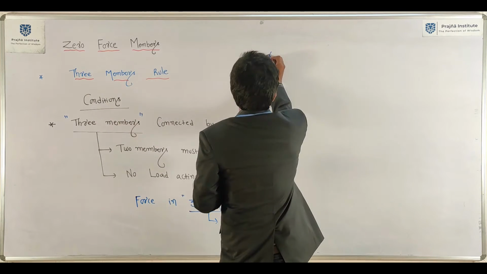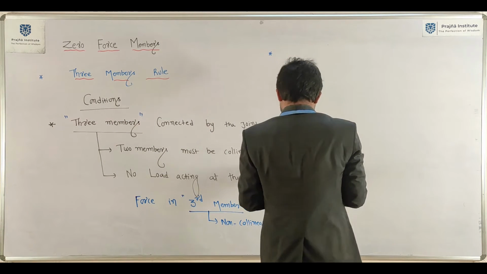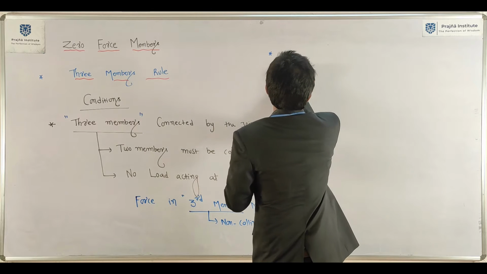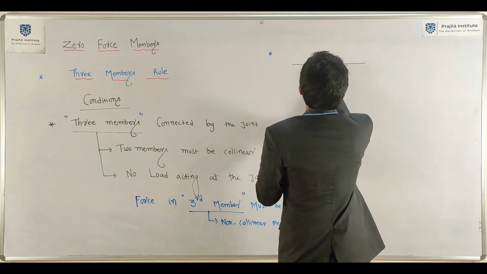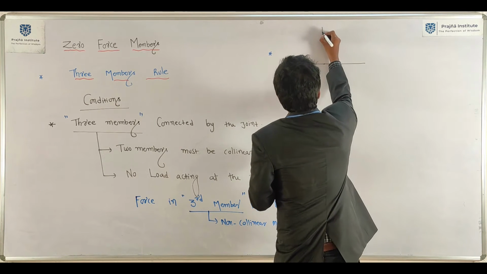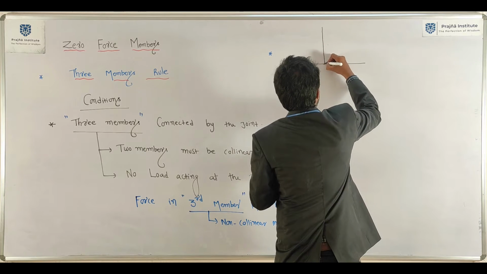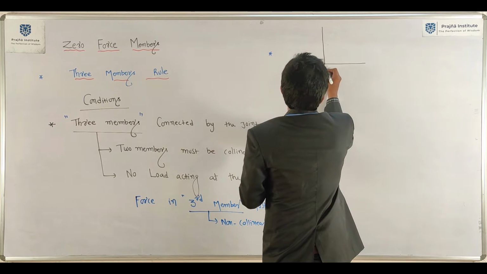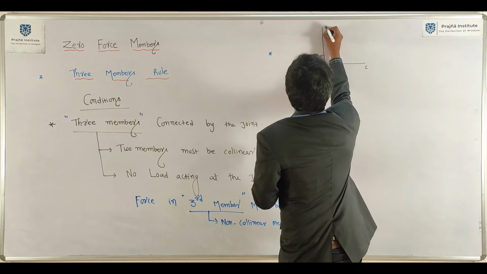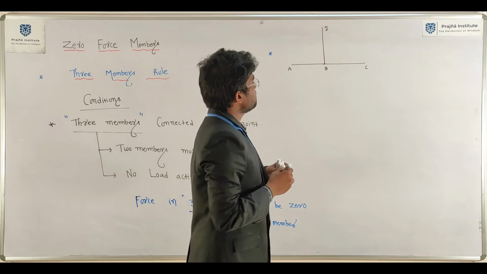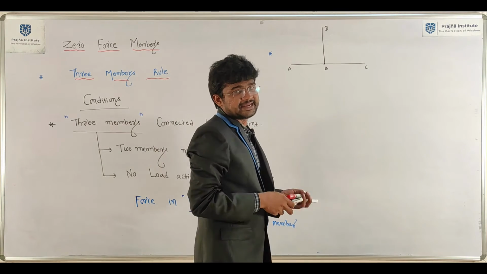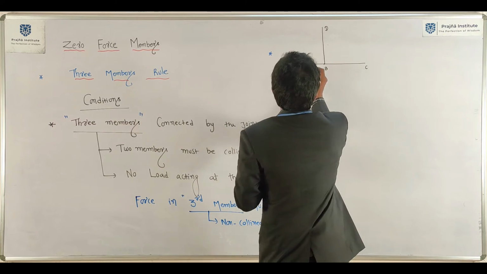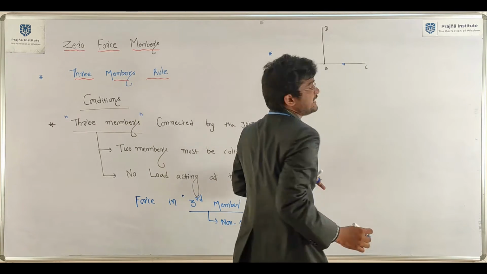Okay, case 1. Here, say three members are connected by the joint B: A, B, B, C and B, D. So here these two are collinear.